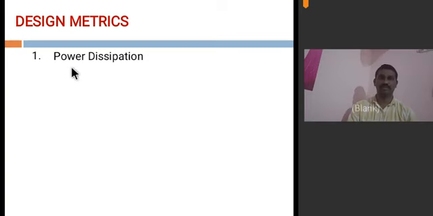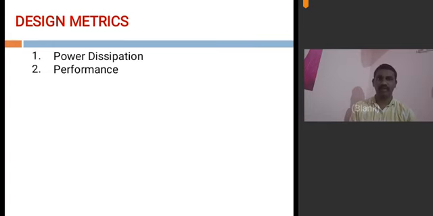Next, performance. Performance means instruction execution time. If you take a system, smaller execution time means higher performance. For example, if a mobile phone's voice signal is processed between antenna and speaker in 0.1 seconds, it shows the phone's performance.